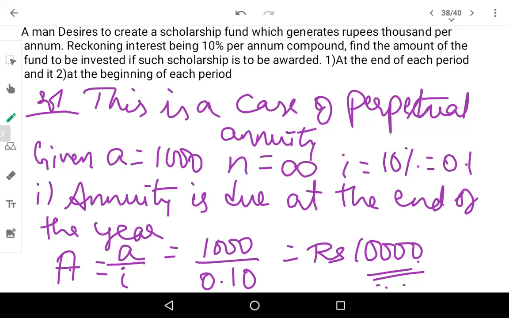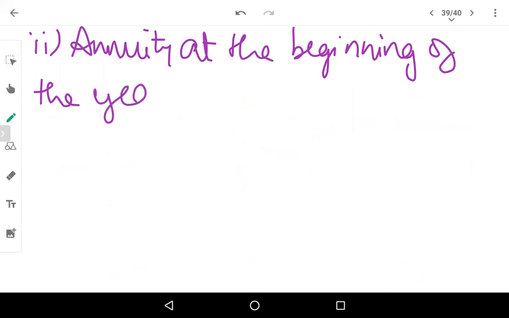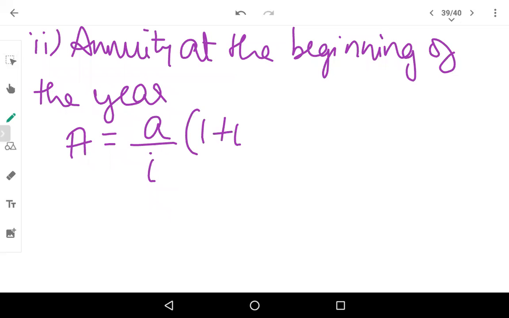Now let us also find out the annuity at the beginning of the year. For this we have another formula, which is A is equal to A by I into 1 plus I. If you multiply by 1 plus I, that means it is the beginning of the year.